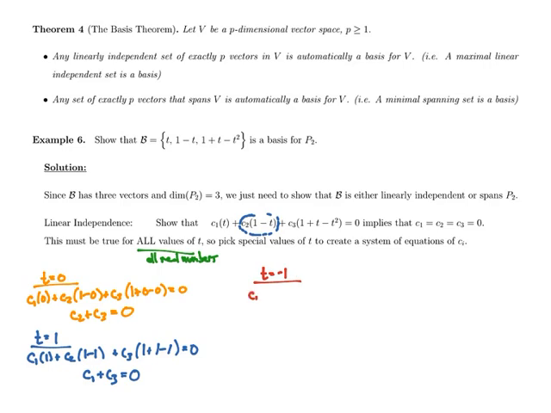And if I do that, I'm going to get c1 times negative 1 plus c2 times 1 minus negative 1 plus c3 times 1 plus negative 1 minus negative 1 squared equals 0. It's not going to be as nice as the other ones, but we have negative c1 plus 2c2 plus 1c3 equals 0.